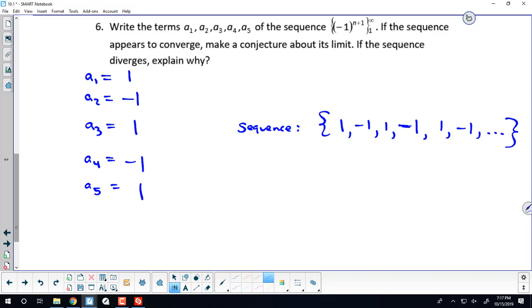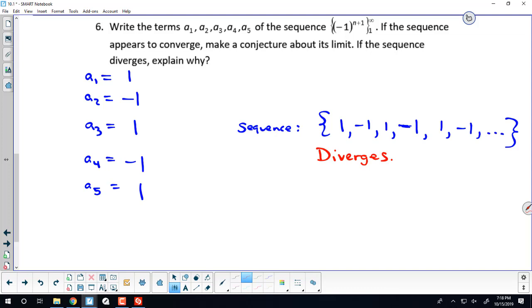Converge, diverge? Diverges. The sequence does not approach a specific number. It says if it diverges, explain why.